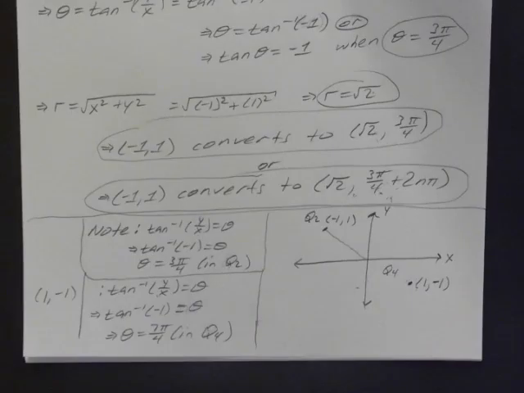Sometimes letting you know which quadrant is a nice little reminder not to use the wrong quadrant. So it's a really helpful hint when they tell you the quadrant. All right, so any questions on that one?